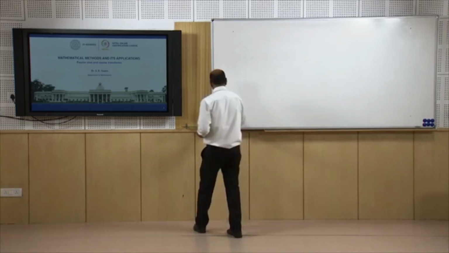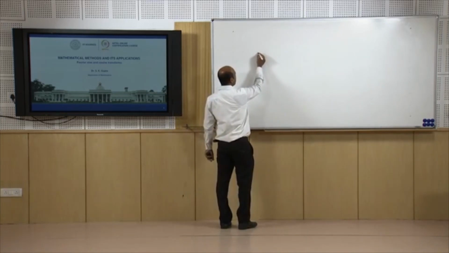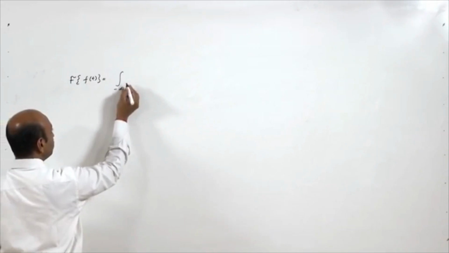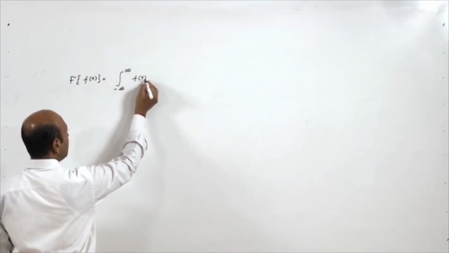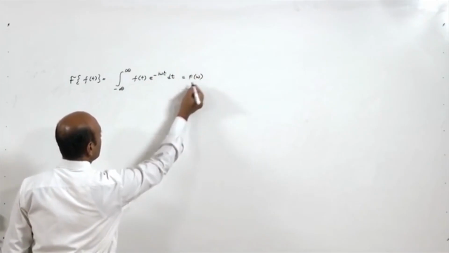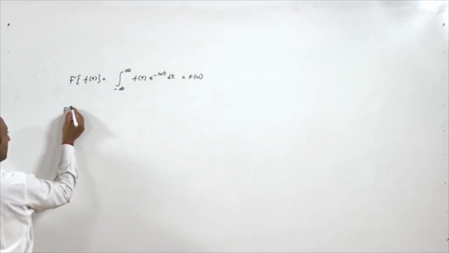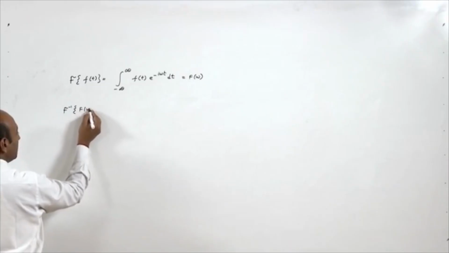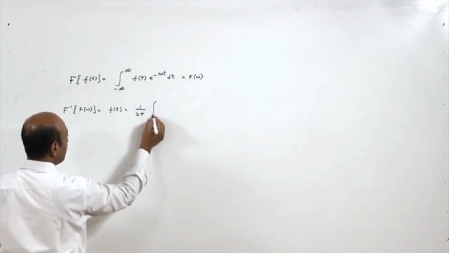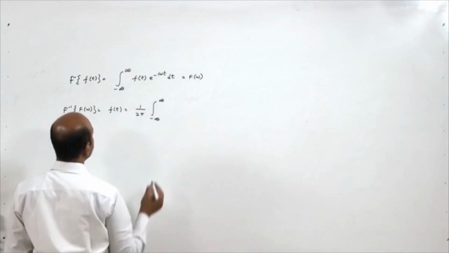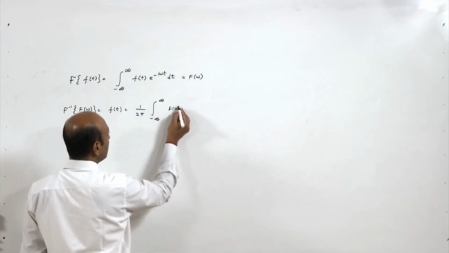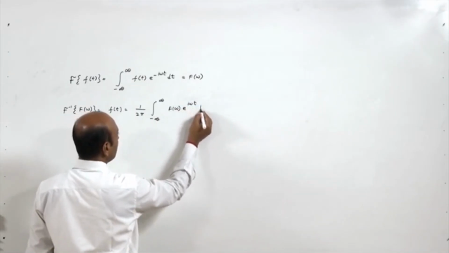We have seen that the Fourier transform of a function f(t) is given by the integral from minus infinity to plus infinity of f(t) e^(-iωt) dt, which is F(ω), and its inverse, the inverse of F(ω), is f(t), which is given by 1 upon 2π times the integral from minus infinity to plus infinity of F(ω) e^(iωt) dω.